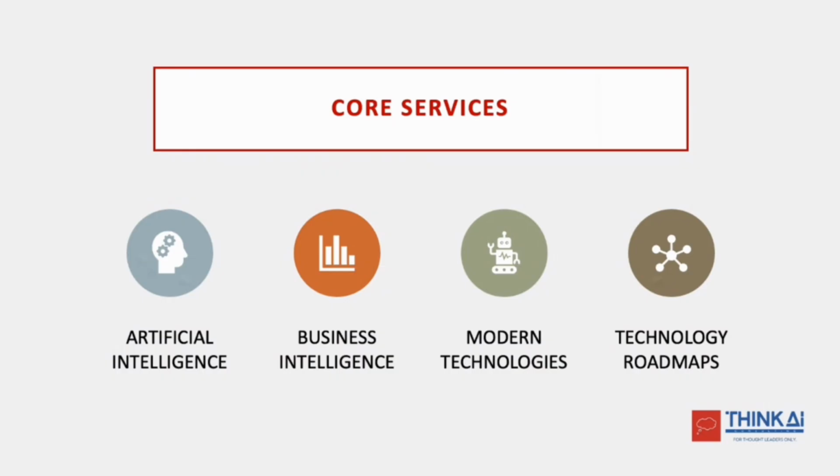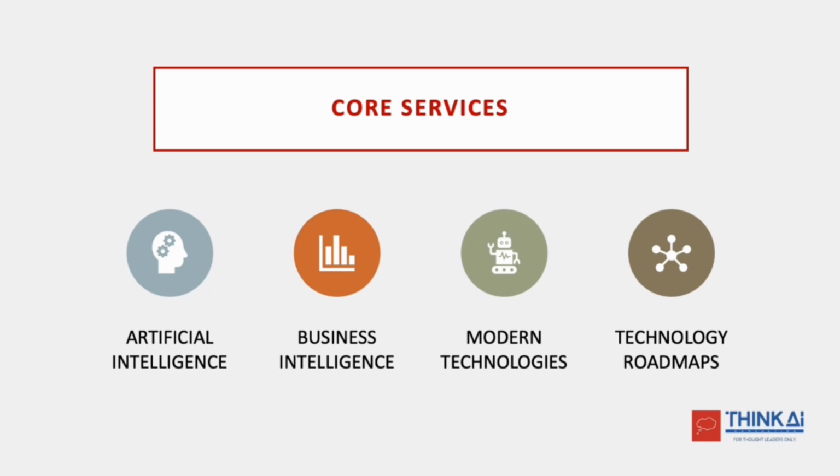Our core services are in four major segments. First and foremost is artificial intelligence, where we cover every aspect of AI. It could be AI, ML, generative AI, or agentic AI. Then we cover business intelligence applications, which could include analytics like Power BI, data warehouse like Fabric, and others, and even migrations from other platforms.